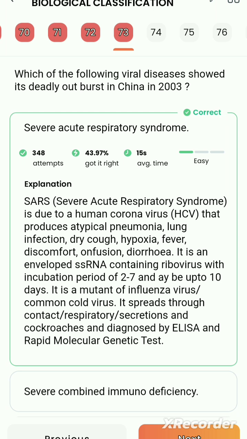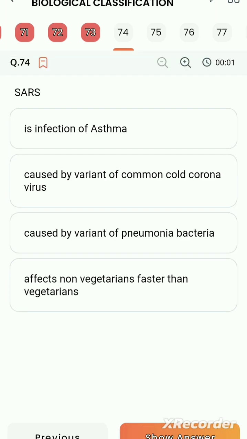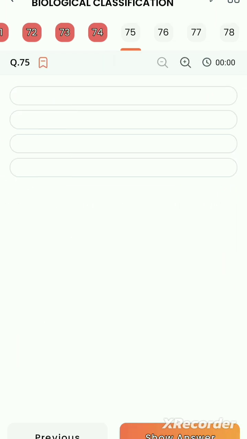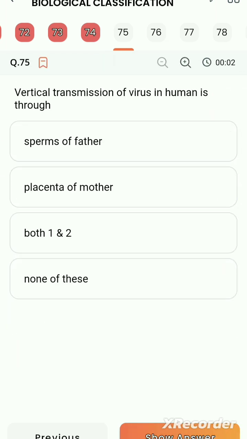It lasts up to 10 days, and it is diagnosed by ELISA and other types of respiratory molecular genetic tests, rapid. SARS virus is nothing but a variant of the common cold coronavirus. Actually, the coronavirus, previous version, we can say it as the SARS virus.